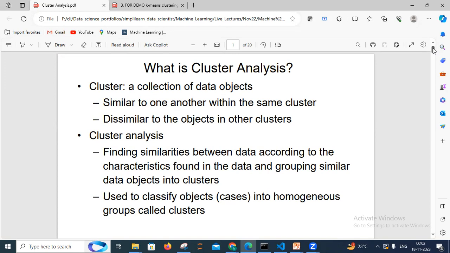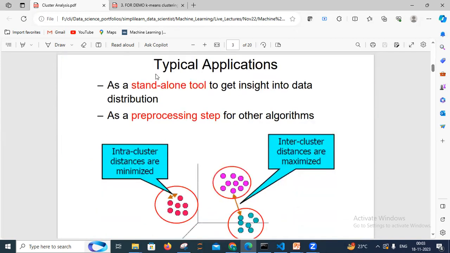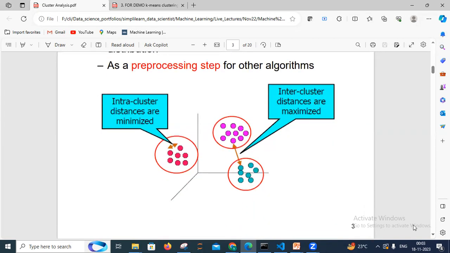If there is no label data, no predefined data set, no predefined training set, then obviously we are going to use clustering methods, not supervised learning, because cluster analysis is mainly focused on unsupervised learning. There is no category of data set, right? Then we create the techniques one by one. First, k-means clustering and hierarchical clustering, these are the techniques of cluster analysis. And we can say that typical application is the one example that I already told.